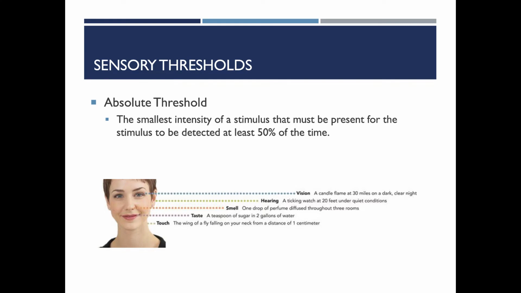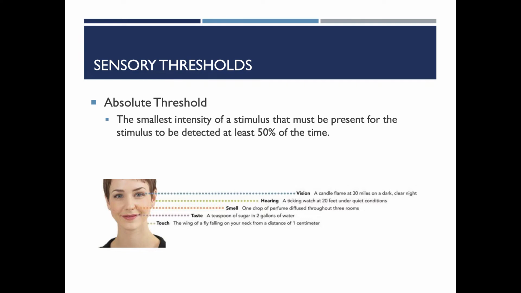For hearing, the absolute threshold is a sound of, say, a ticking watch 20 feet away under quiet conditions. You can detect one drop of perfume diffused throughout 3 rooms. And taste, if I put a teaspoon of sugar into 2 gallons of water and shook it up, you'd be able to tell that the water was sweet.